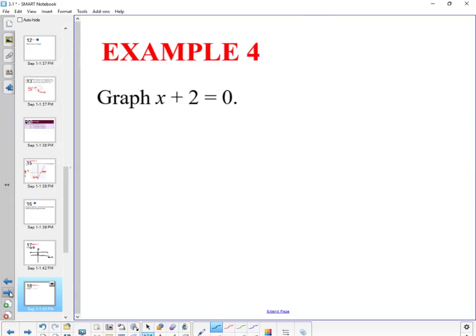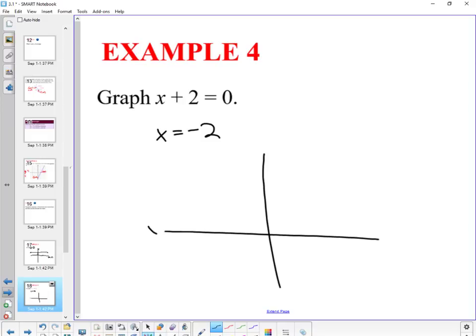Same thing can be said for these guys. In this case, I only have an x, right? And you guys can see that's going to be x is -2. What's x equal to? When? Always. So I go over to x at -2, and I'm always going to be here. So there it is.